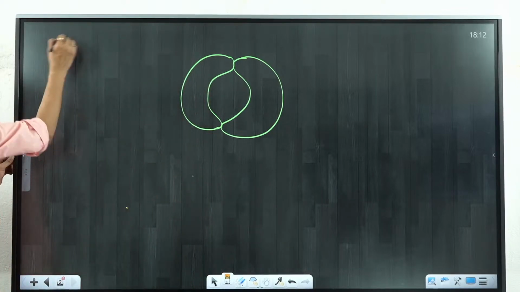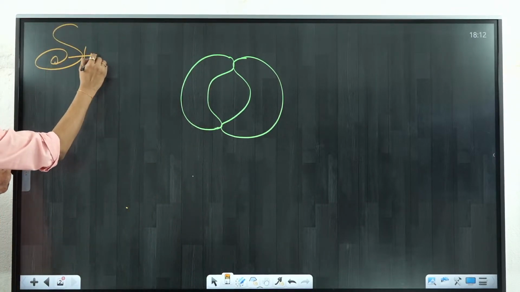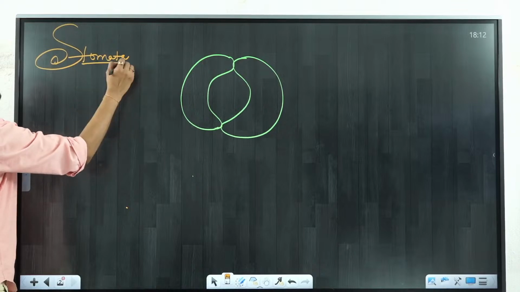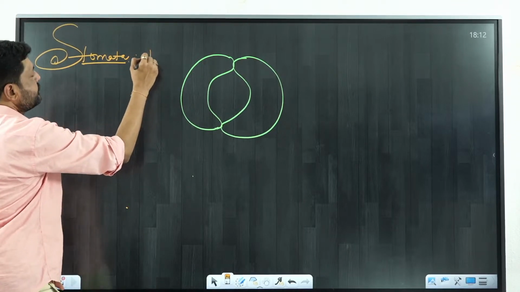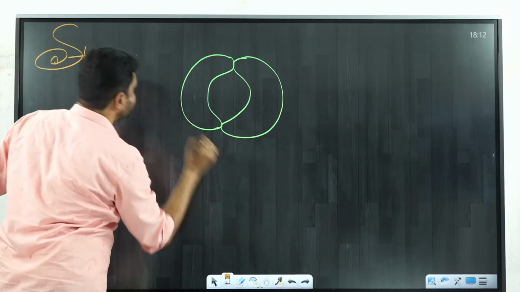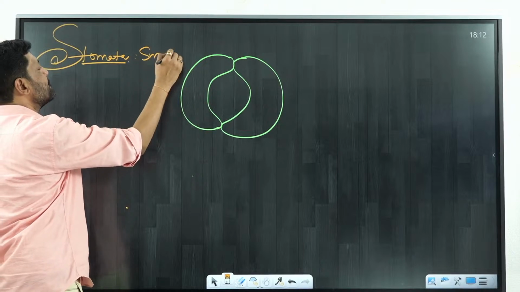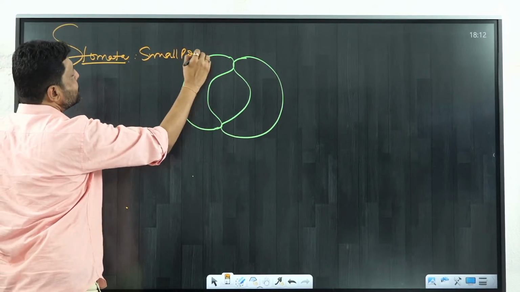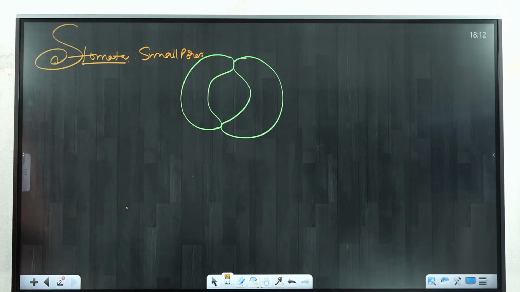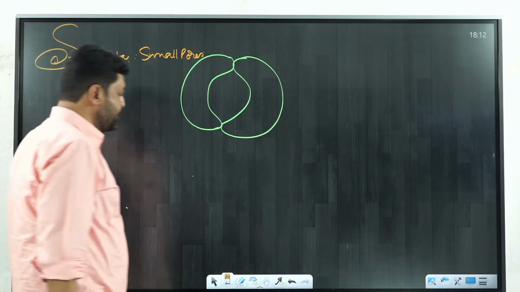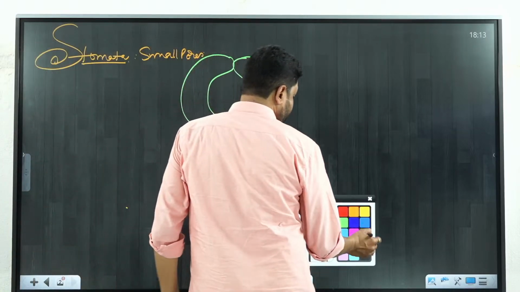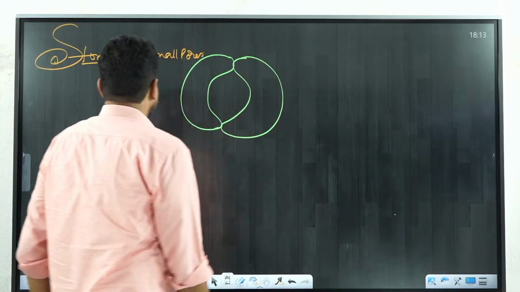I am discussing about stomata, the small pores present on the epidermis of the leaves and young stems. They are called stomata. Clear?